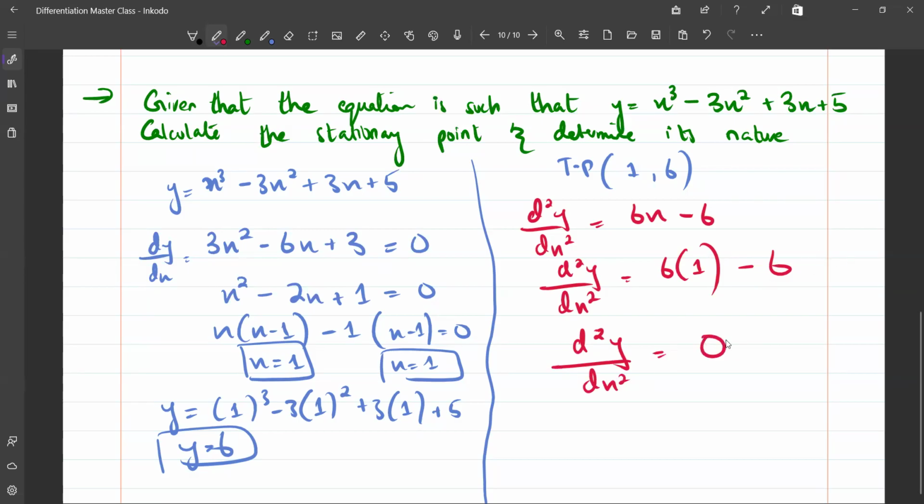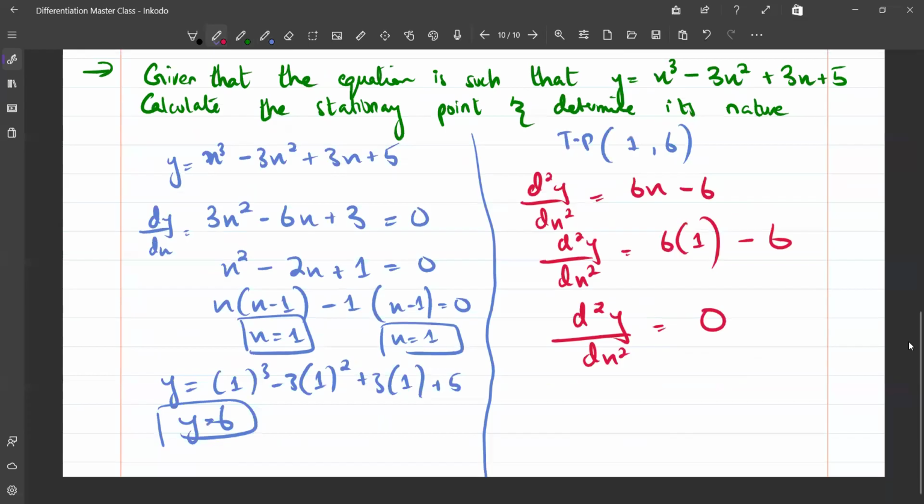Now we have to check whether it is a maximum point, minimum point, or the point of inflection. Let me just copy it to the next page, we don't have space here.